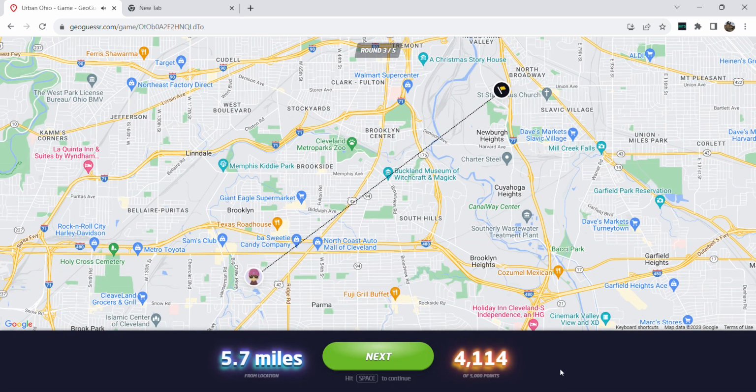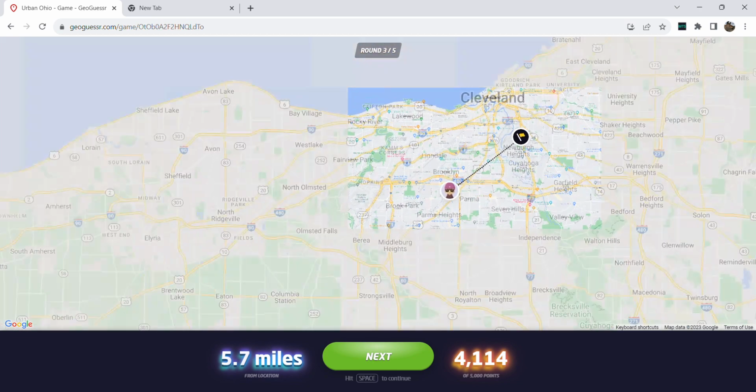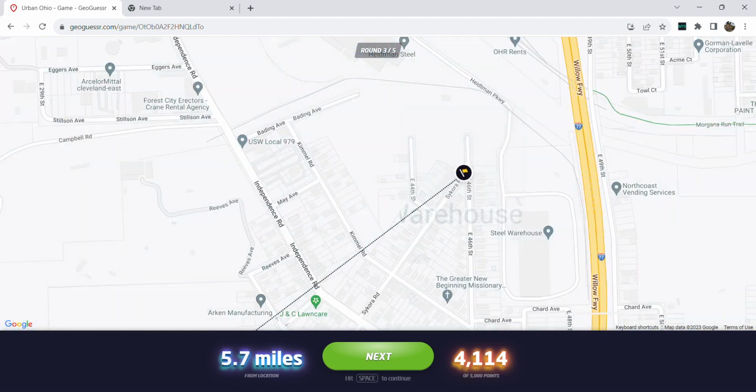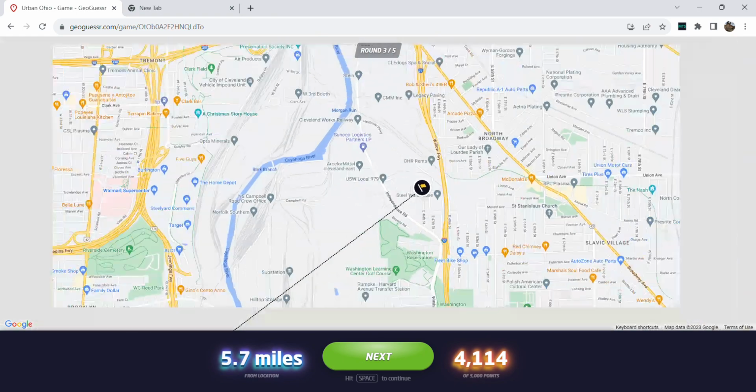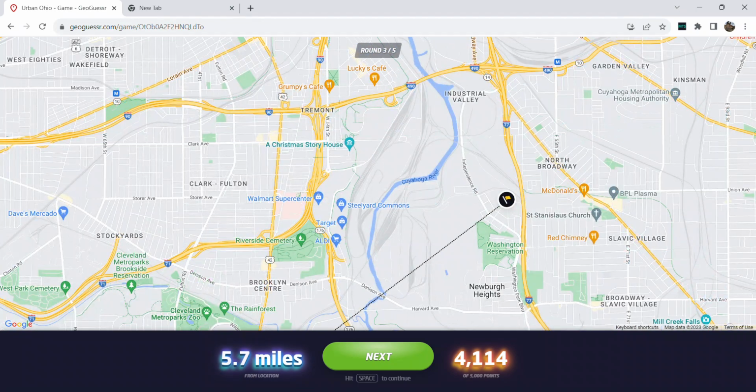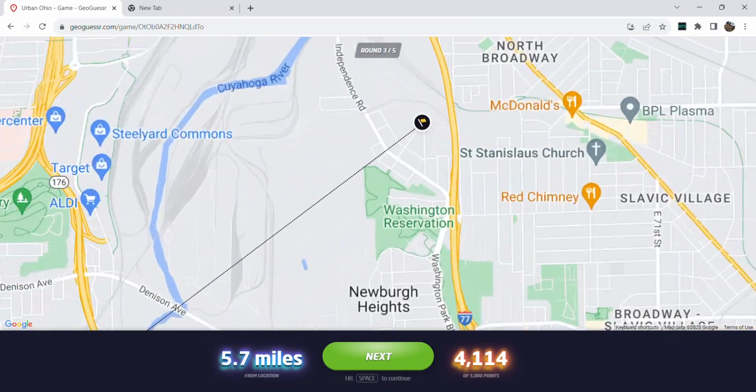Not bad at all. I'm doing real well with region guessing urban Ohio today, even with no moving. So that was city of Cleveland, but it was pretty close to where I was thinking, like south side, a little bit more southeast side, Slavic Village.